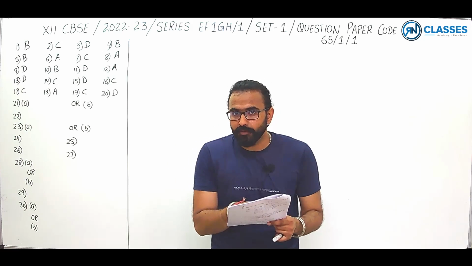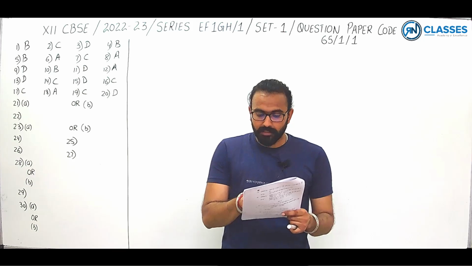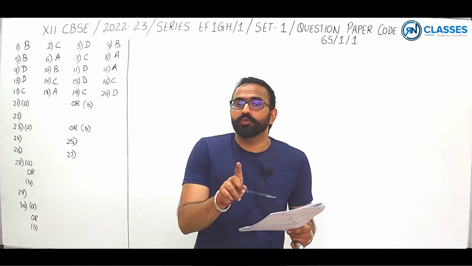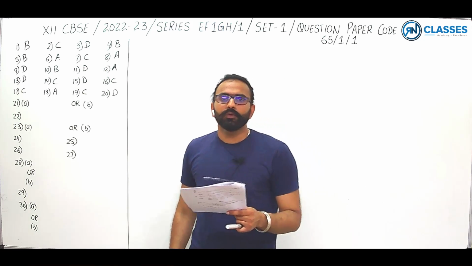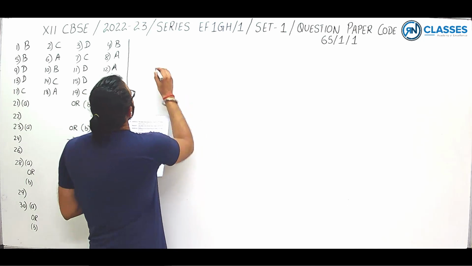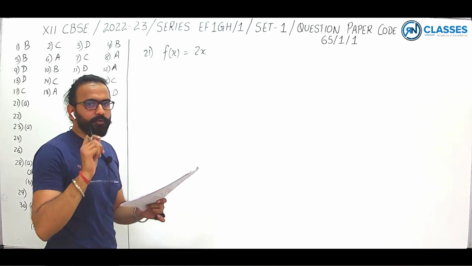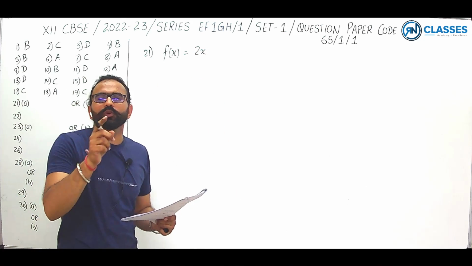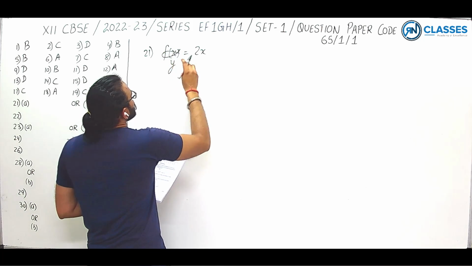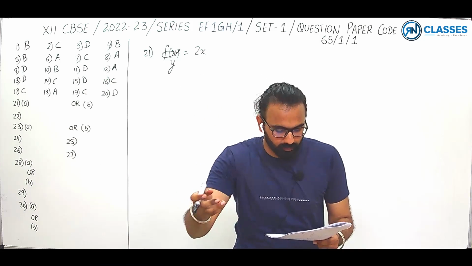If you observe, the function is from A to B, B is the codomain of this function and we are also given that this function is onto, which means range must be equal to codomain. So in order to find set B, we need to find the range of this function, and that we can easily find because we are given f of x equals 2x. Range means all corresponding values of y, where y equals 2x. So the values of y corresponding to x will give us the range of this function.